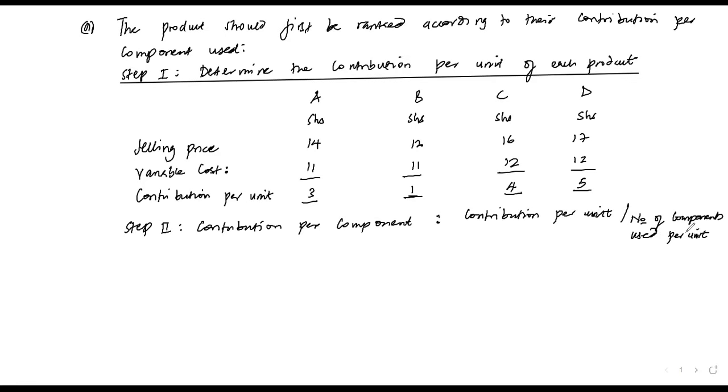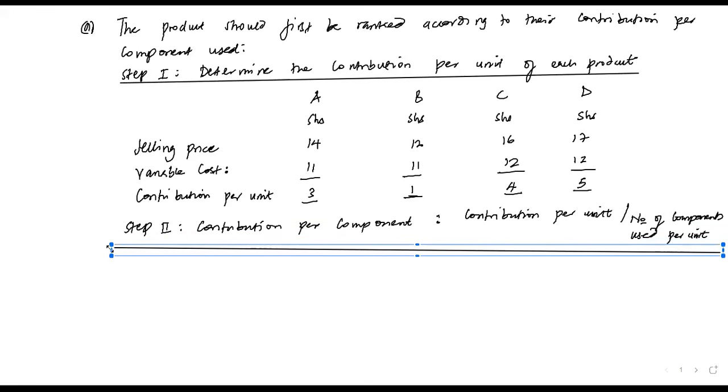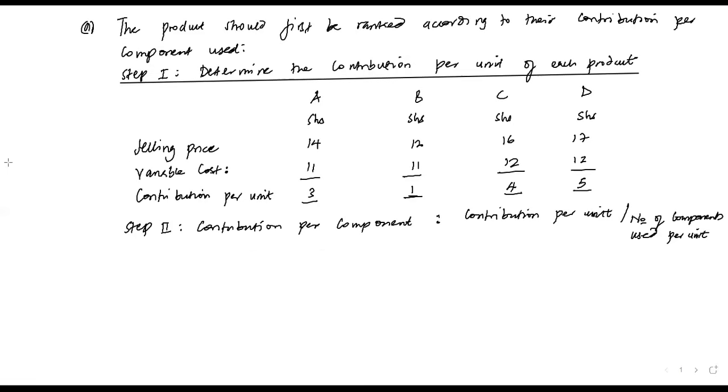Now, the number of components used per unit are not given in the question, like in the previous example. So it's you now to find out the number of components required for each unit of the product. But don't worry, just stay on.